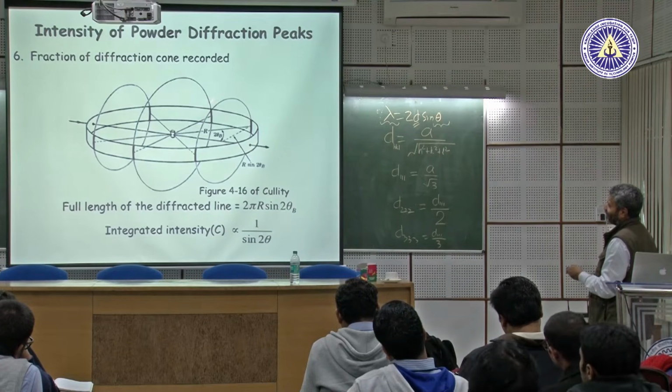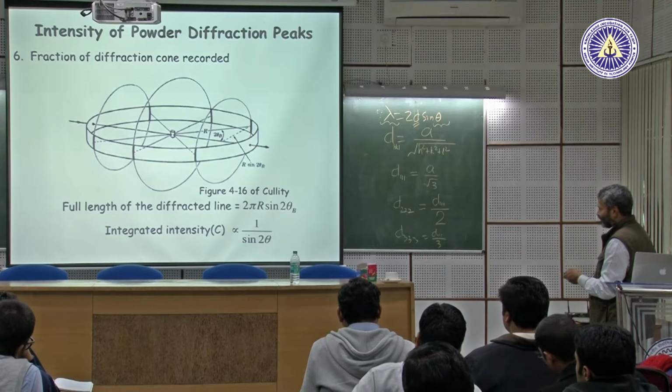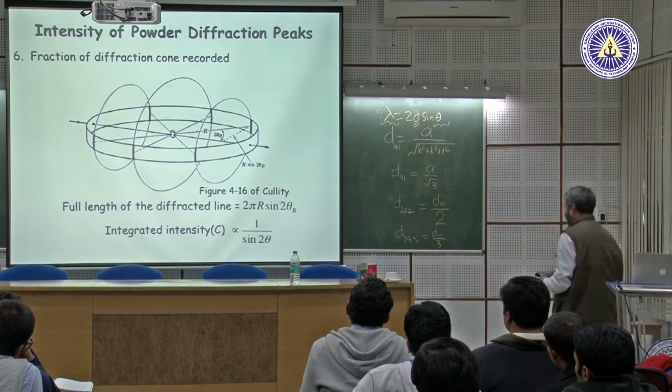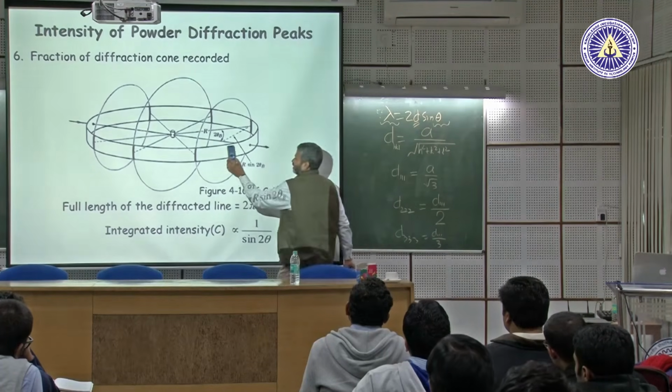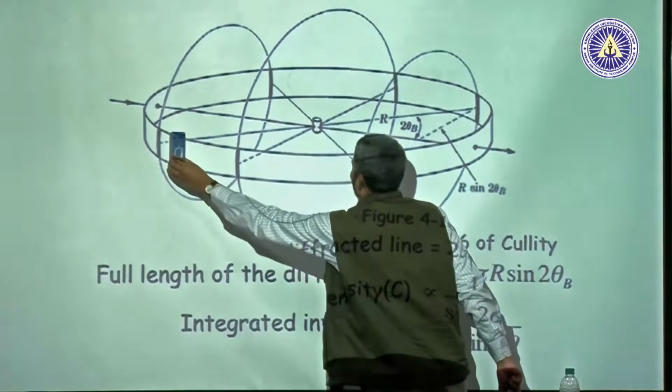So, intensity is distributed over that cone, but your detector is moving in a circle. So, if this is the width of the detector, the detector is not looking at the whole cone, it is only this part of the cone.